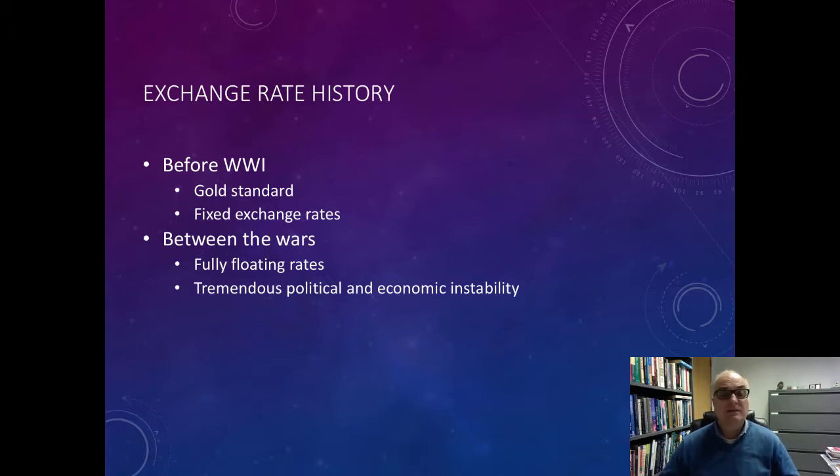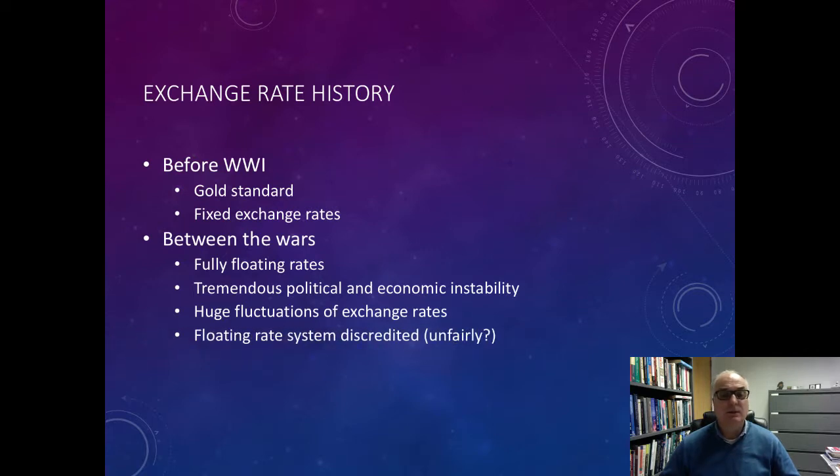So this political and economic instability, brewing tensions, Germany ultimately launching a Second World War, all of these things led to huge fluctuations in exchange rates, because if markets are based on information and if there is lots of uncertainty, then there are going to be huge fluctuations in those markets, and that was the case with exchange rate markets.